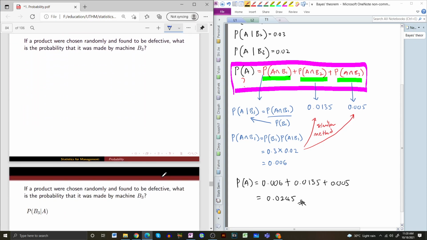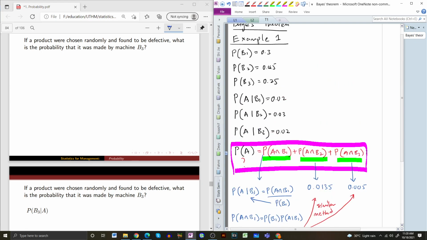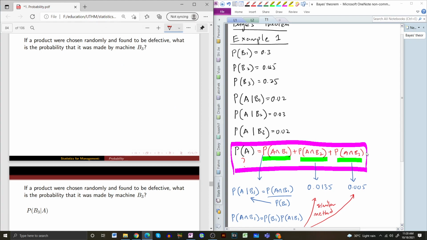If a product were chosen randomly and found to be defective, what is the probability that it was made by machine B3? You see, previously what this question is asking is, if the product were chosen randomly and found to be defective, what is the probability that it was made by machine B3?